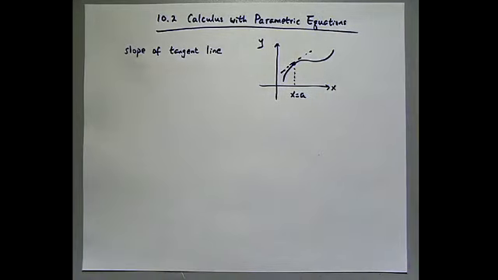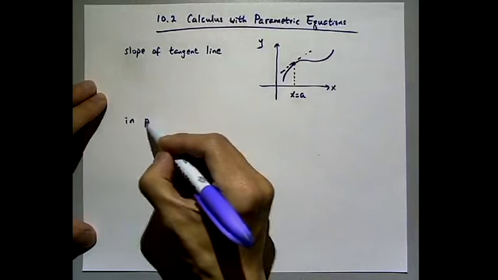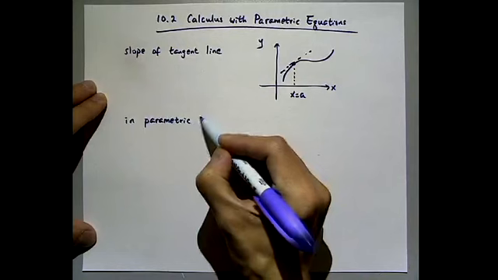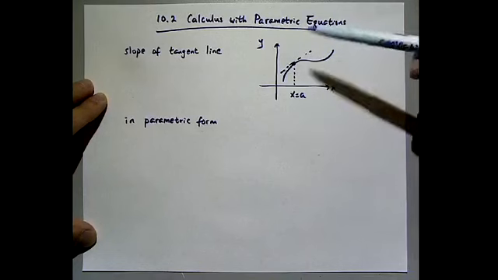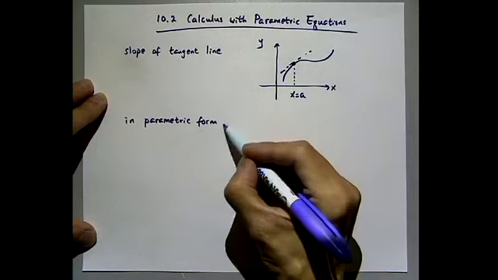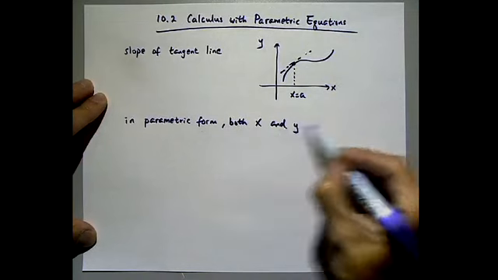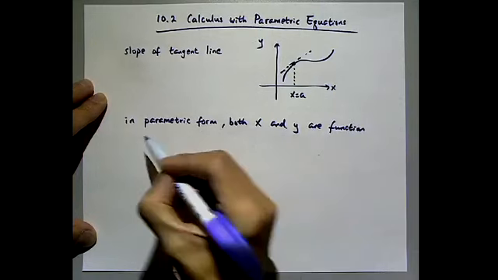Normally, we simply take the derivative and plug in x is equal to a, right? But in parametric form, both of these variables are functions of a third variable. We'll call that t again.